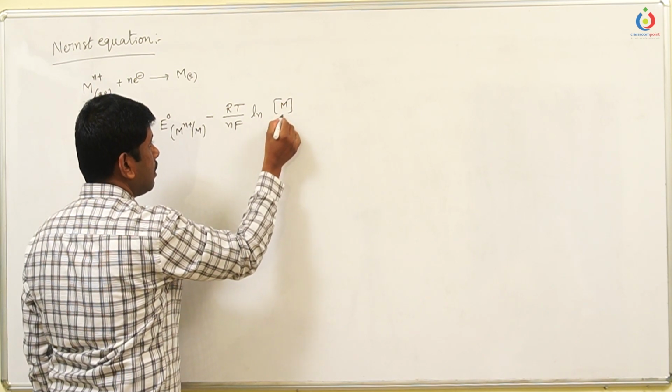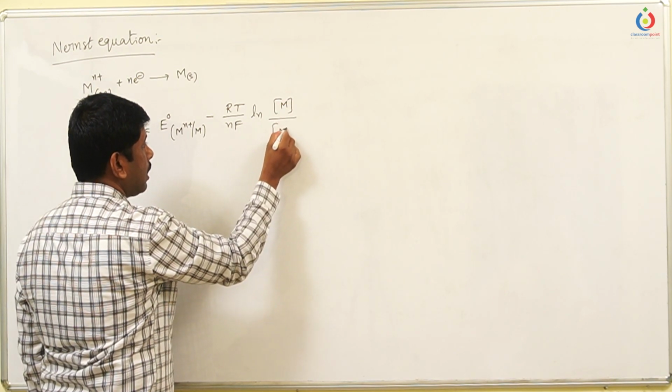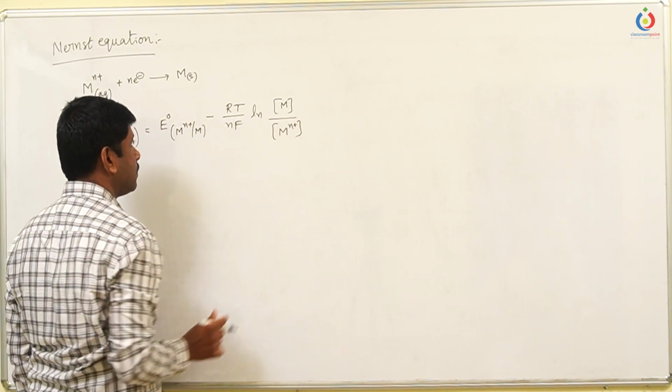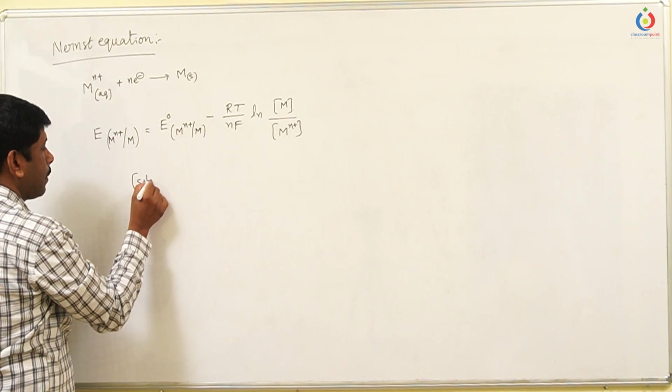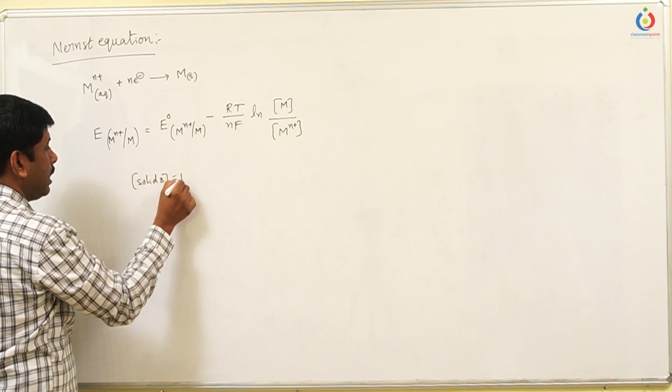The product here is the metal in solid state and the reactant is the ion in aqueous form. And remember that the concentration of solids is always to be taken as 1.